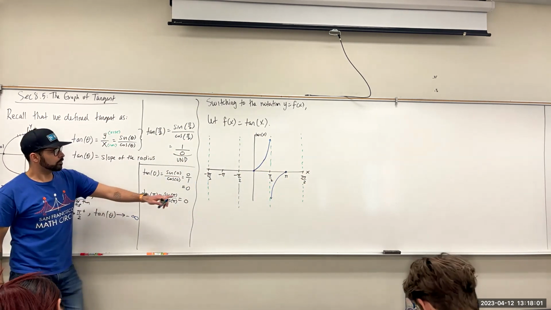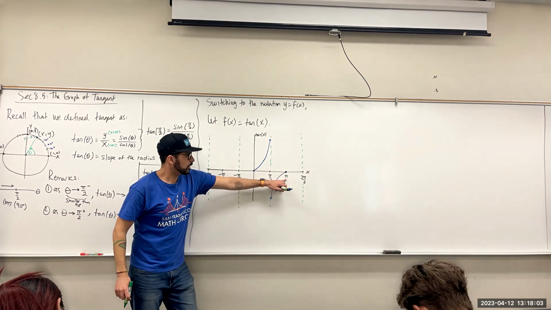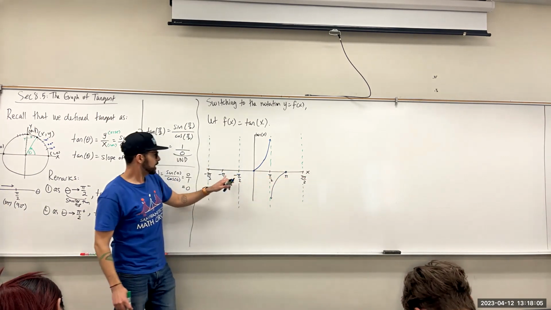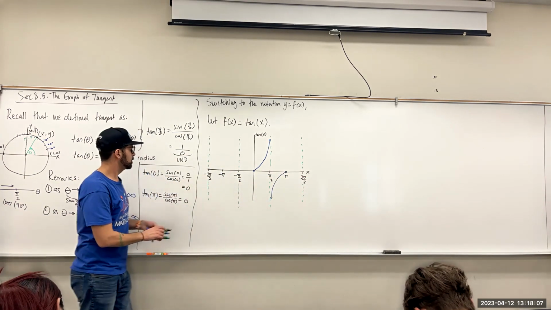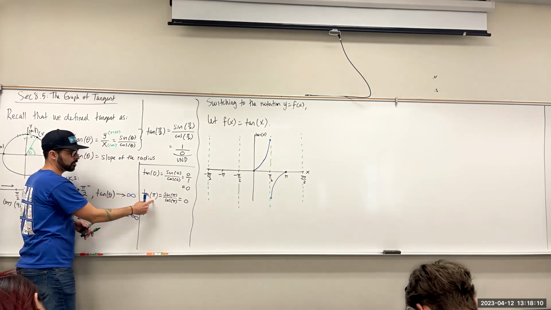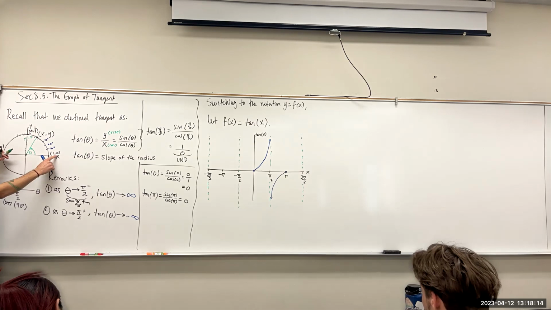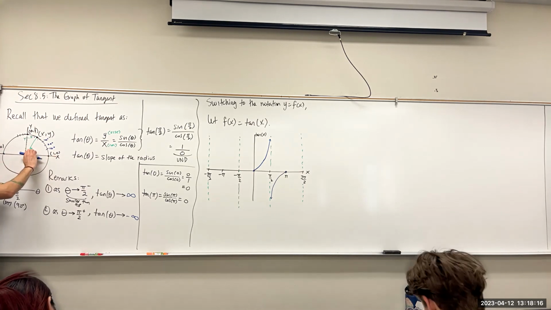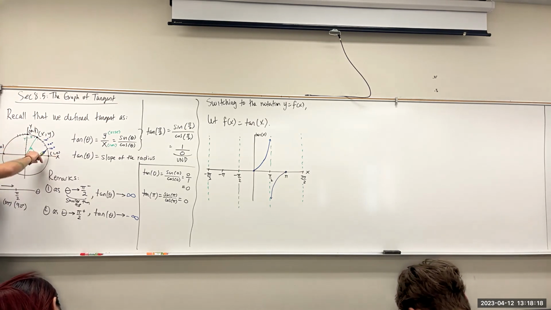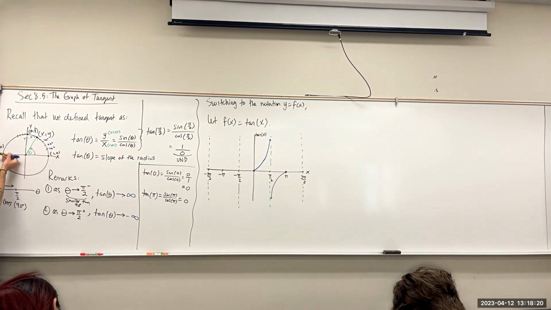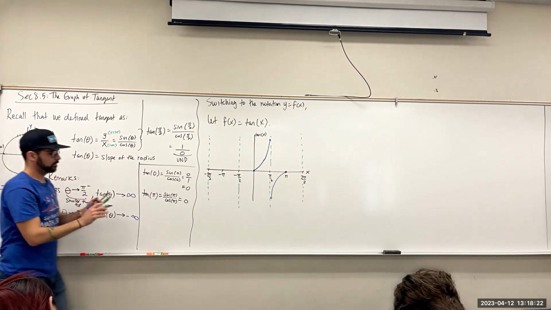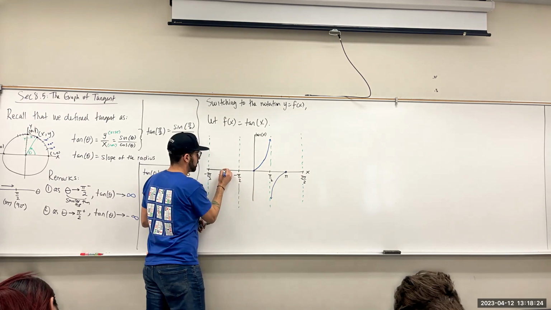And at all the multiples of pi, 0, pi, 2 pi, negative pi, and so on, we're always going to get tangent being 0, because at these angles the y values are always 0. So you're going to end up with intercepts there.